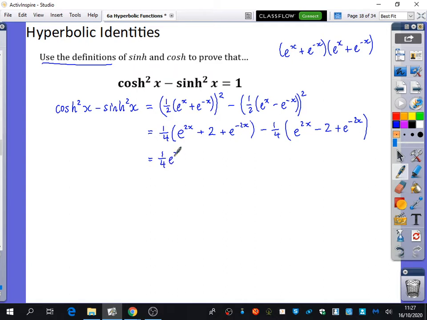So I have a quarter e to the 2x plus a half plus a quarter e to the minus 2x, minus a quarter e to the 2x plus a half minus a quarter e to the minus 2x. So everything cancels out apart from the halves. This cancels with this, and this with this, so we end up with 1. So cosh squared x minus sinh squared x is 1.